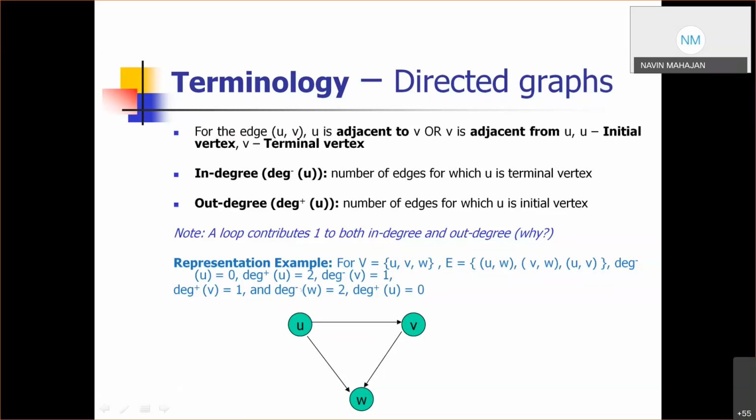In degree of W is how much? 2, because two edges terminate at W, and there isn't a single edge going out. W is not an initial vertex for any of the edges, so there is no out degree, only in degree. So in degree of W equal to 2, degree plus out degree equal to 0. This is not U, this is W.